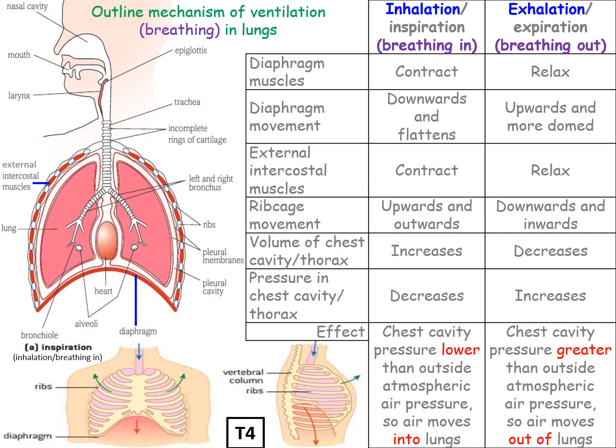Therefore, the volume of the chest cavity decreases, and because the volume decreases, that means the pressure will increase. So there will be a higher pressure in the chest cavity in comparison to the outside atmospheric air pressure. So that means air will move out of the lungs from a higher pressure to a lower pressure in the air of the atmosphere.